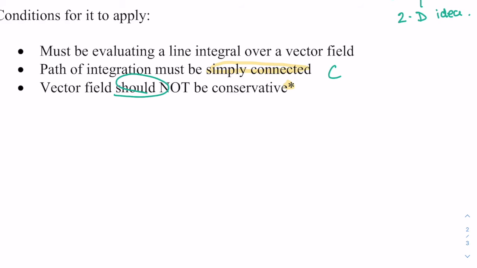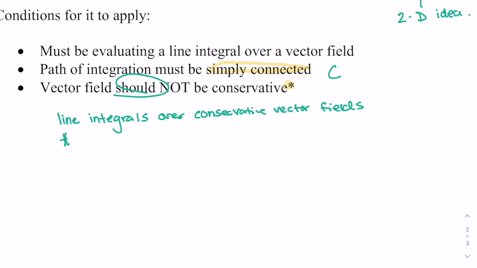And if you think about what it meant to be integrating over a conservative vector field, it should become obvious why this is a suggestion. Because if you remember, line integrals over conservative vector fields that are connected always equal 0.